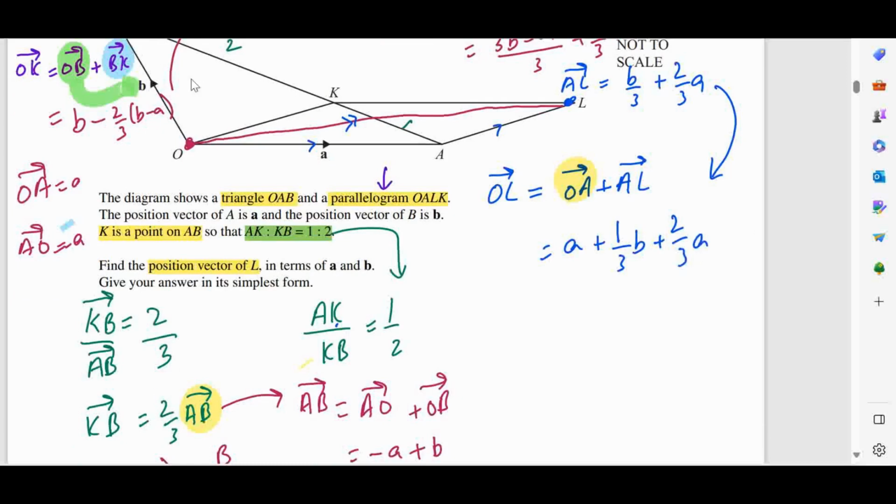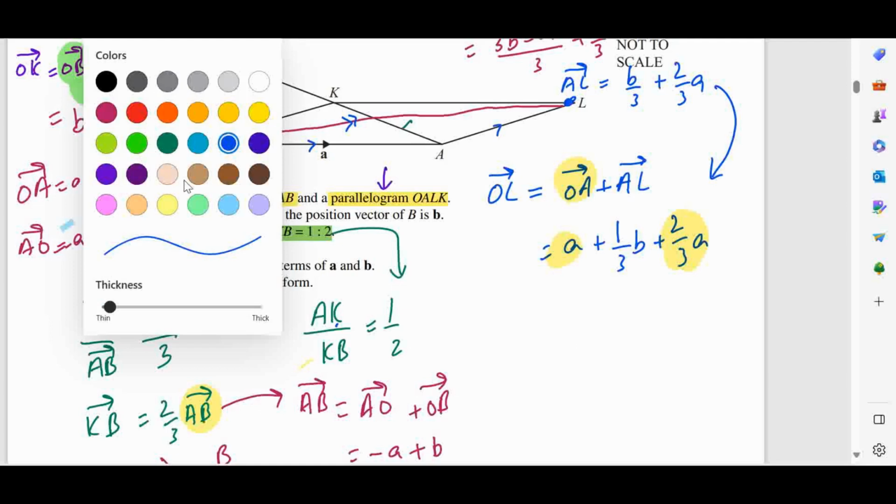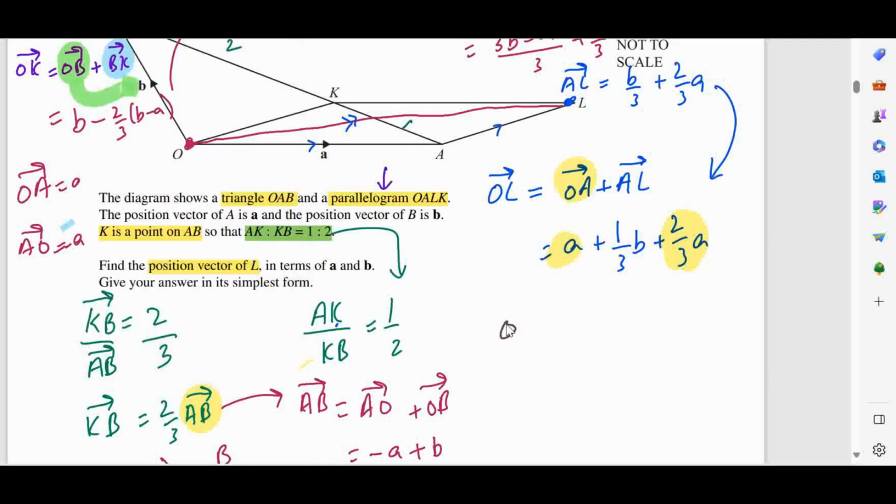From here we can see that this one and this one are like terms. So we can write vector OA as 3a plus 2a whole divided by 3, plus 1 by 3 b.